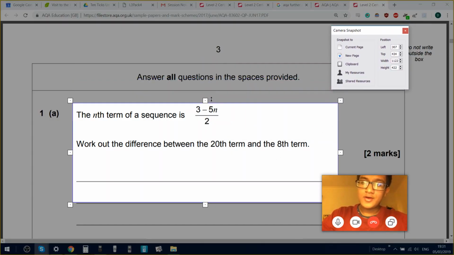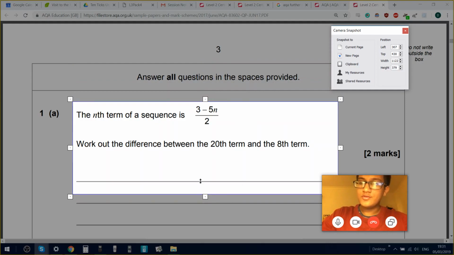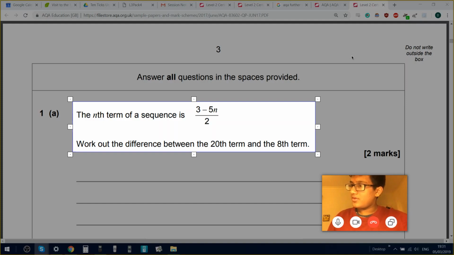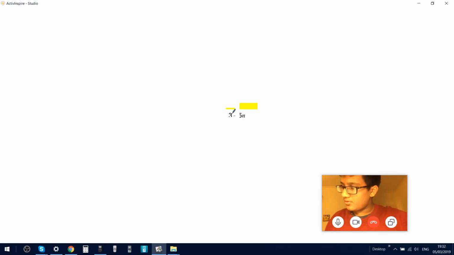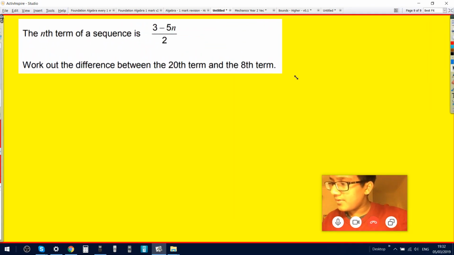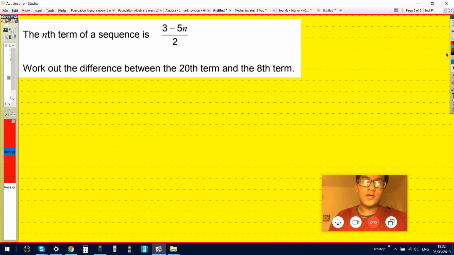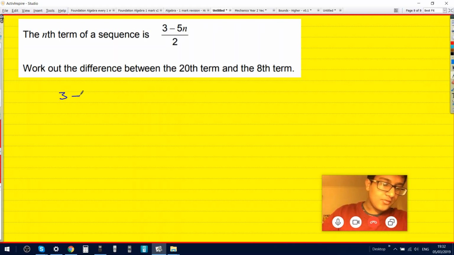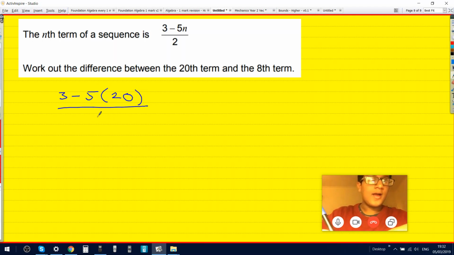So 3 minus 100 is minus 97 over 2. And so, because it's a calculator paper, I think just get your method mark, get your accuracy mark. So you've got minus 48.5, the 20th term, and the 8th term.